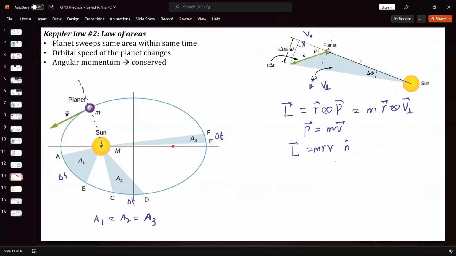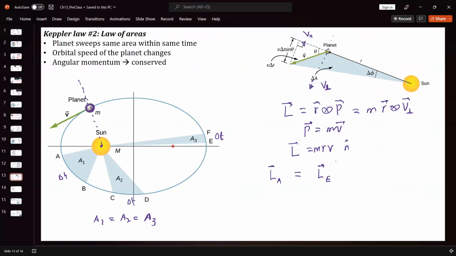Now, the mass of the planet remains constant. What changes is r and v. So let's consider the angular momentum at point A and the angular momentum at point E. Since it is along that path, with no external torque acting during that motion, these two angular momenta should stay exactly the same.